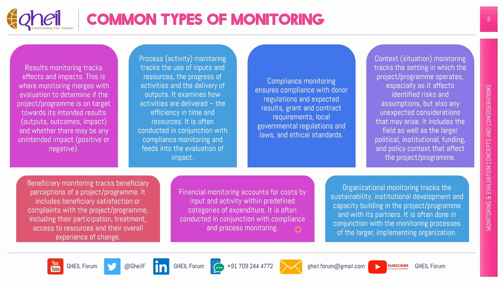Financial monitoring accounts for costs by input and activity within predefined categories of expenditure. It is often conducted in conjunction with compliance and process monitoring. For example, a livelihoods project implementing a series of micro-enterprises may monitor the money awarded and repaid, and ensure implementation is according to the budget and time frame.